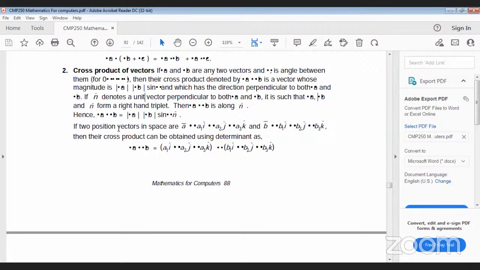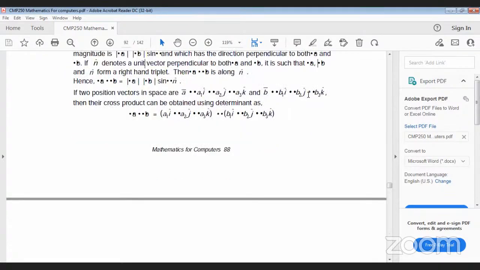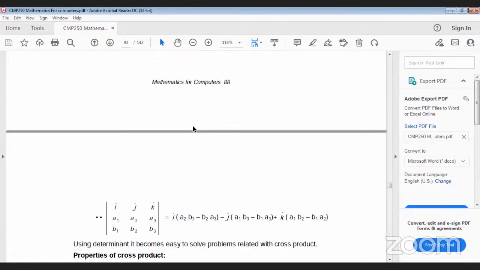If two position vectors in space are A equals A1i plus A2j plus A3k, and B equals B1i plus B2j plus B3k, then your cross product will be in this form: the determinant with rows i, j, k, A1, A2, A3, B1, B2, B3.